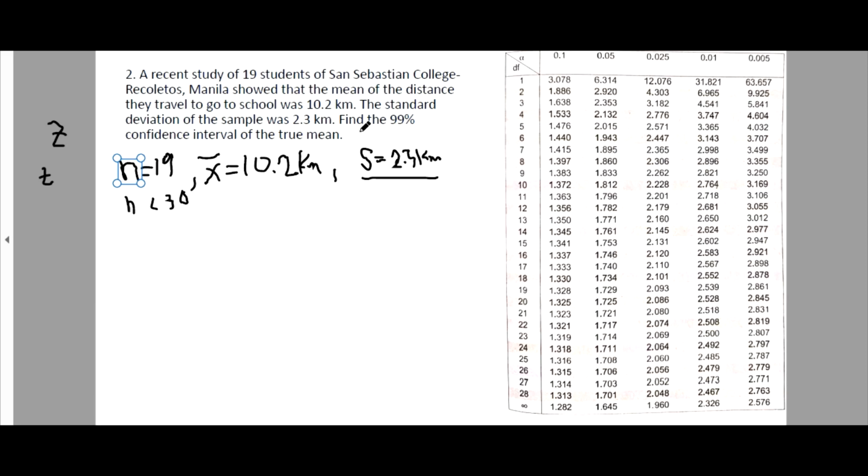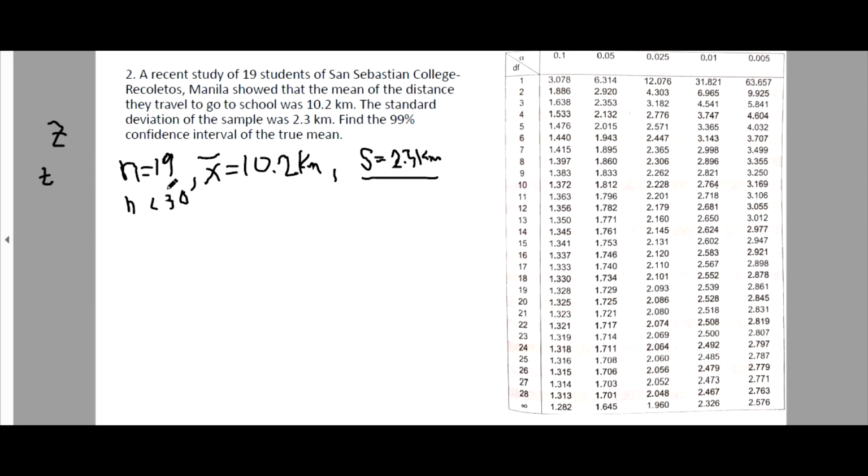Because if the given is the population standard deviation, then of course we will use Z. We will use Z because the requirement for Z is either n is greater than 30 or the population standard deviation is given. But in this particular problem, it is not given. The sample standard deviation is given.